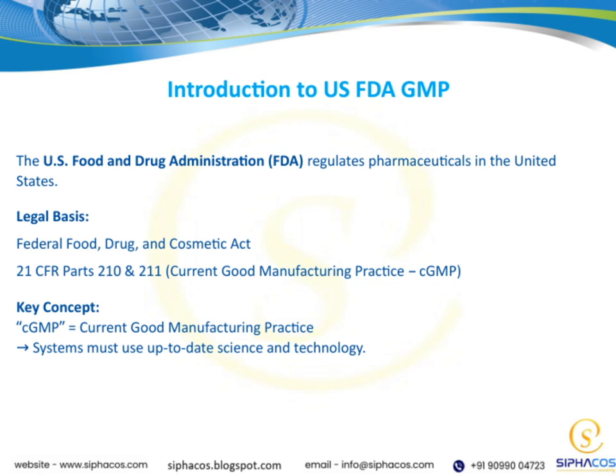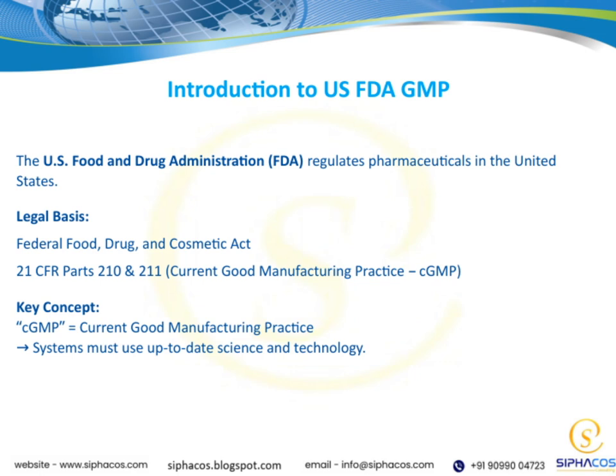This act provides the authority for the FDA to regulate drugs and set standards for their production. Specifically, the regulations we focus on are found in 21 CFR Parts 210 and 211. These parts outline current good manufacturing practices, or CGMP, which are essential for maintaining quality during the manufacturing process.